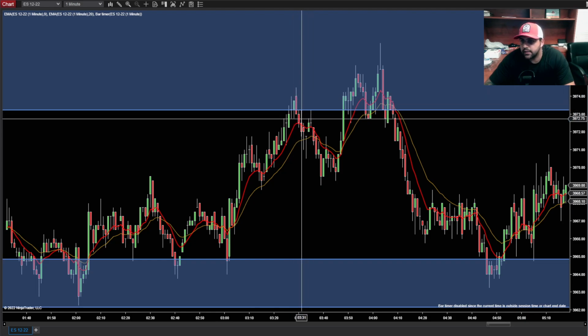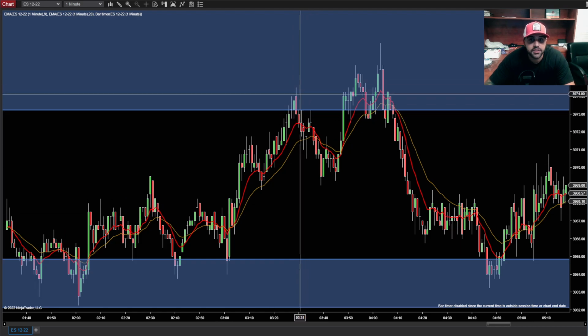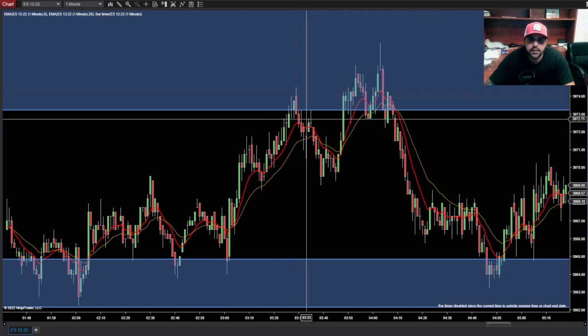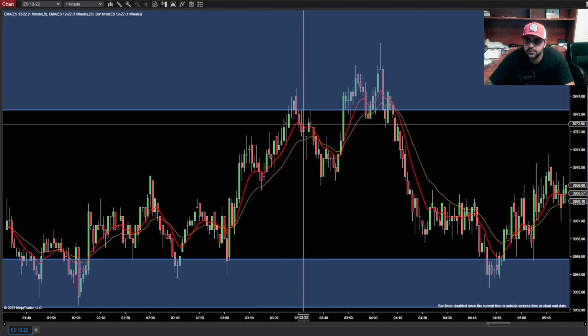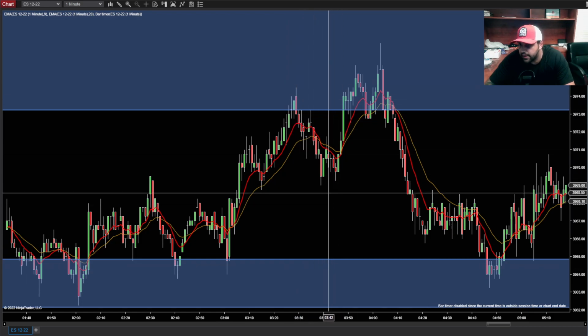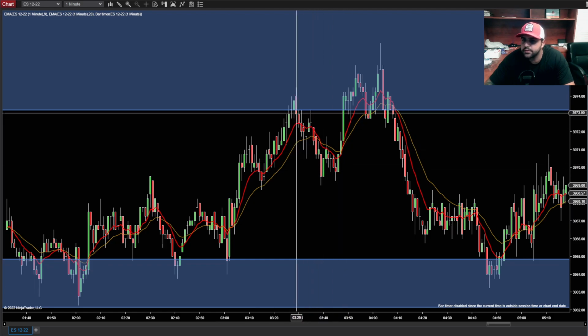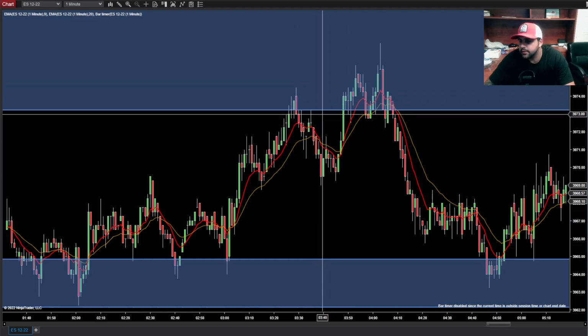We look for two candles in the same direction. So if you want to see rejection, it would be two red candles in this area right here. Then you put the stop above here and the take profit right here, and then you see how it goes, and manage the trade the way you should.